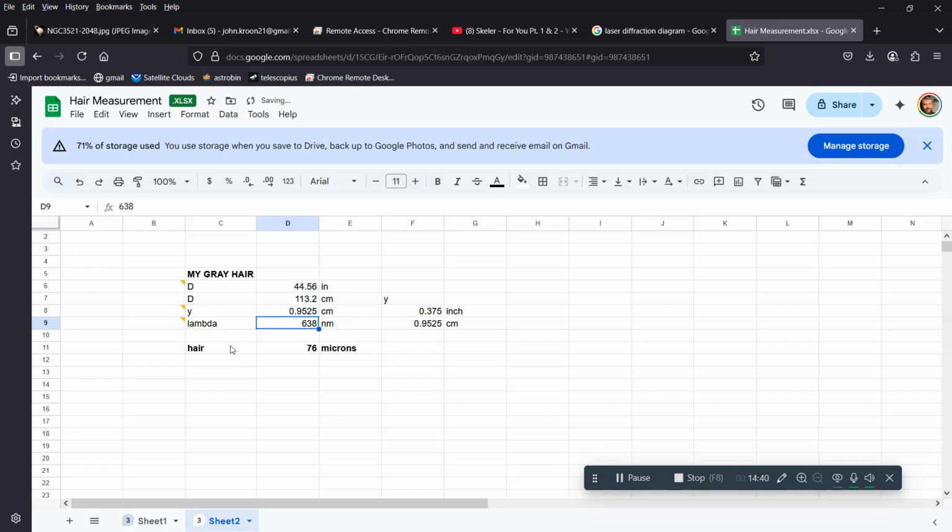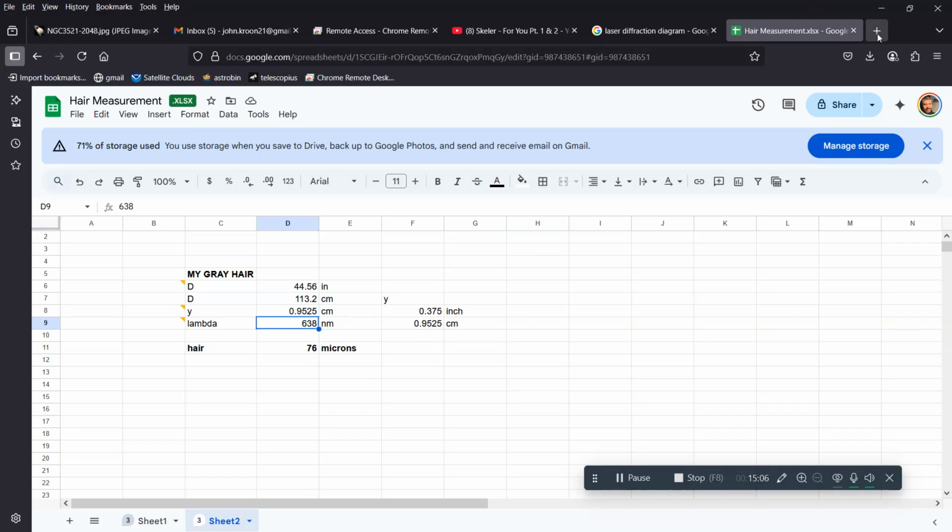There we go. So the hair, did you see that? So as I type in, I tell Excel to just grab this number for my Y value and watch. So there we go. This number was nothing, and now we have just experimentally measured the thickness of one of my gray hairs is 76 microns.